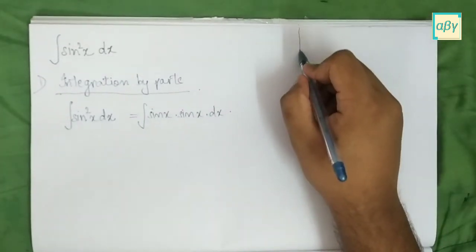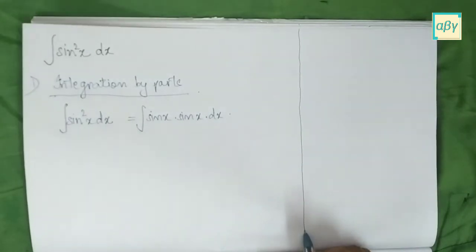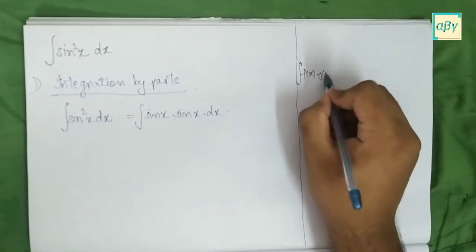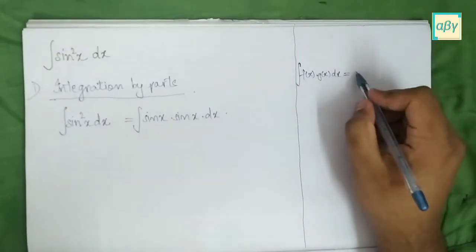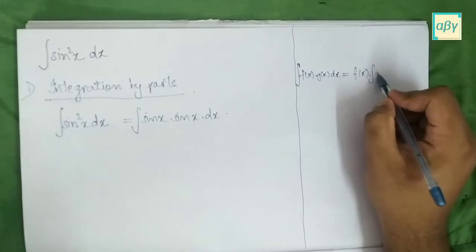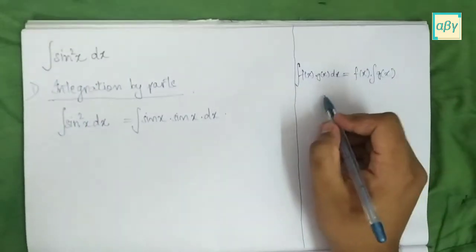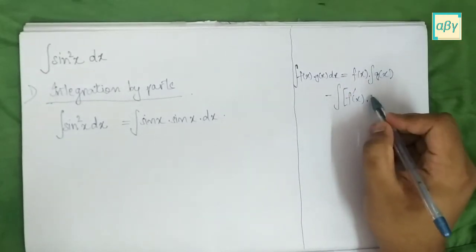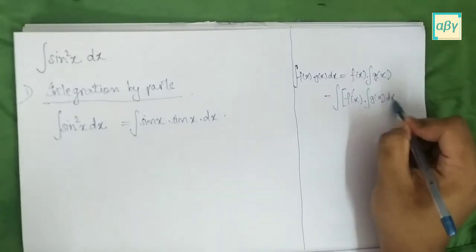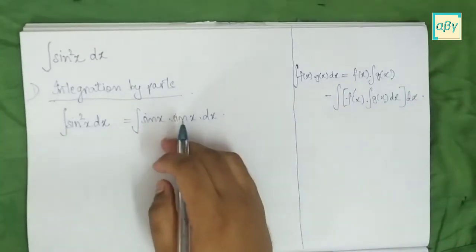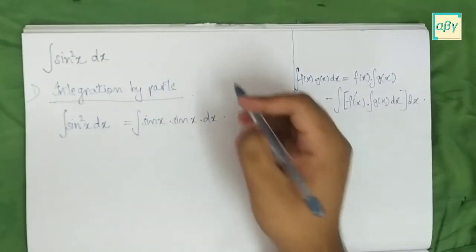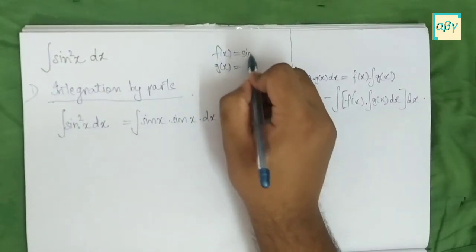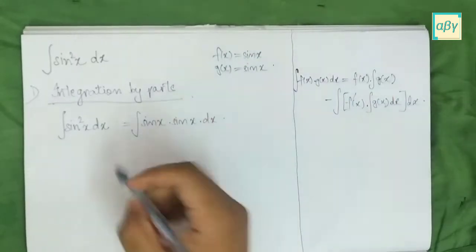Now if you remember the integration by parts formula, it says integration of f of x into g of x dx is equals f of x into integration of g of x minus integration of f dash x times the integration of g x whole dx. So I am going to apply this formula out here. So here in this case, your f of x as well as g of x, both of them are equal to sine of x. So let me apply this formula.